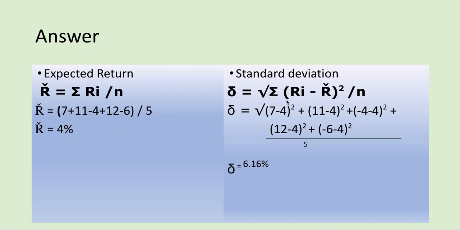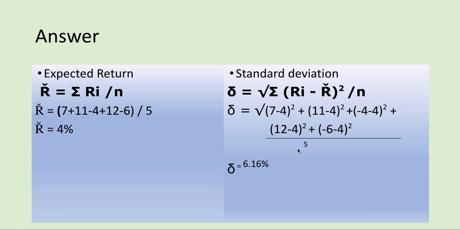And then for the standard deviation, the square root of the sum of Ri, annual rate of return, minus R cap, expected return, squared, and then we divide by N, the number of observations. So here 7 minus 4, the expected return, squared, plus 11 minus 4 squared, plus negative 4 minus 4 squared, plus 12 minus 4 squared, plus negative 6 minus 4 squared, and then we divide it by 5.